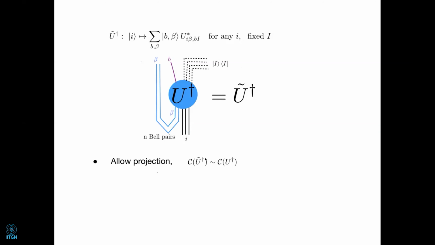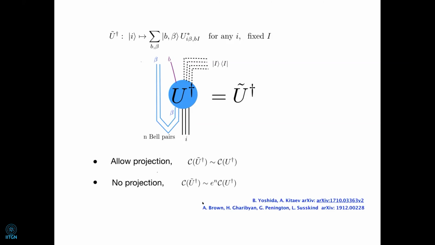If we want to achieve this in the form of a unitary operator, the complexity can be much higher. So if we allow projection, then it looks like they basically have roughly similar complexity to U. But if there's no projection, then what one can do is something similar to Grover's search. One can go back and forth and apply this U-dagger many times, and each time we slowly rotate our state, such that at the end of the day, our state is gradually rotated to this target state.